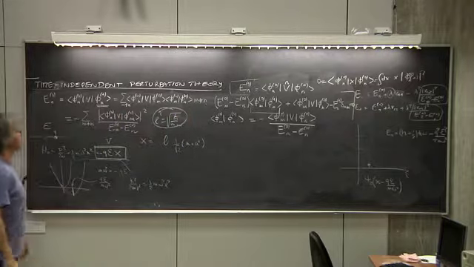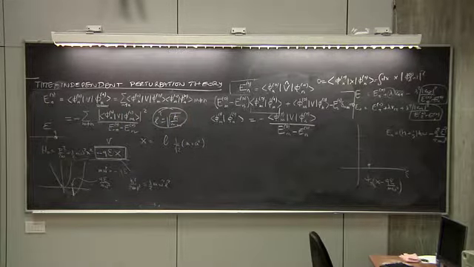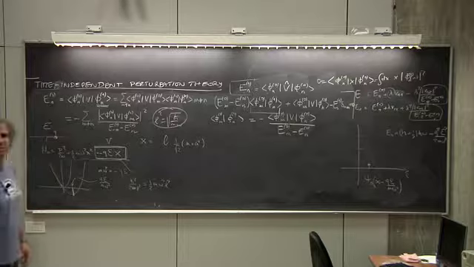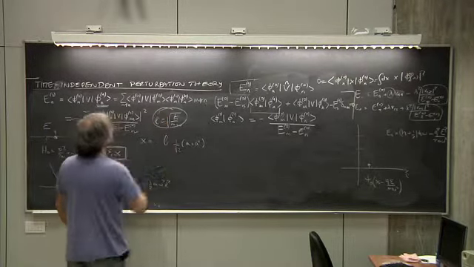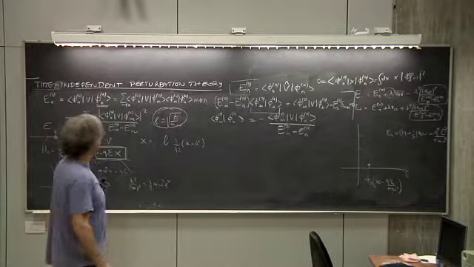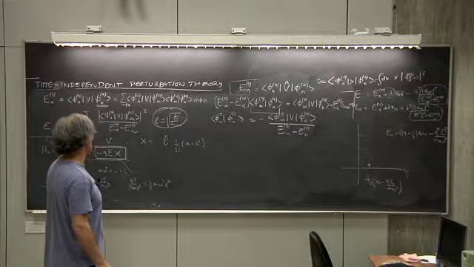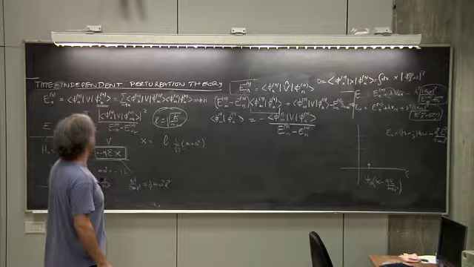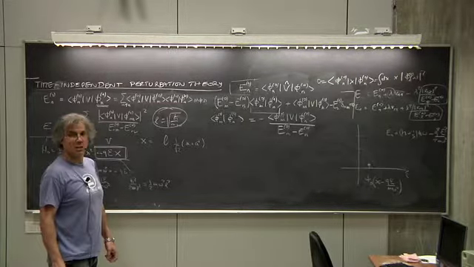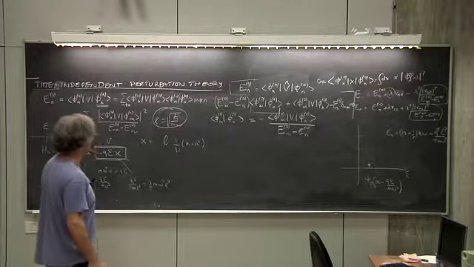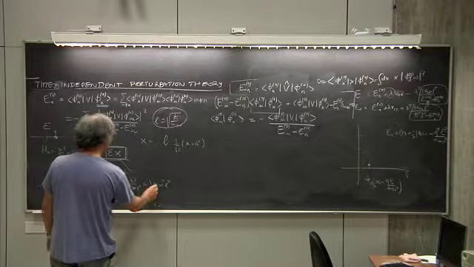So there is L. L without the square is a square root, like that. Well, let me check one second.